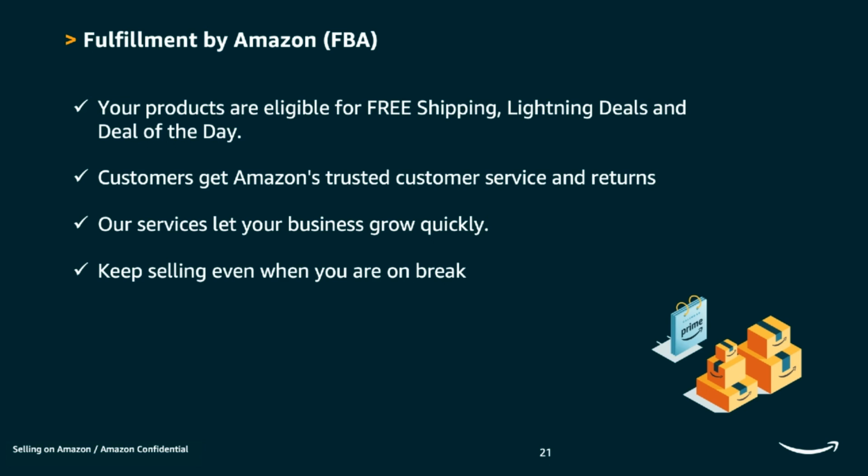Next is, the customer gets Amazon's trusted customer service and returns. FBA handles customer service and returns for Amazon users. Our services let your business grow quickly. Our fulfillment centers are built with your inventory in mind. We handle the details to save your time so you can focus on your business, and it's cost effective and simple. You also keep selling even if you're on break.